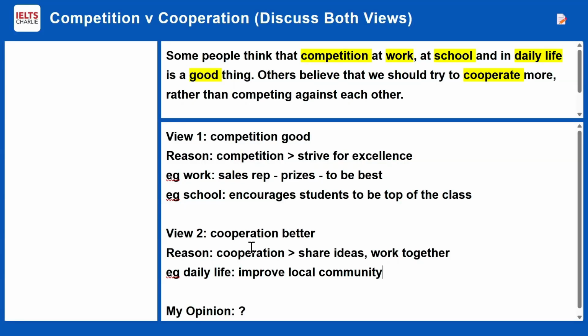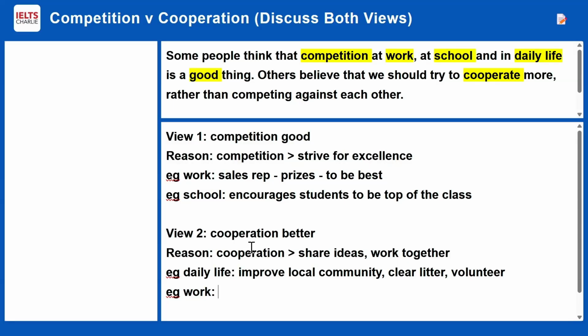You get groups of people working together to improve their local community. So maybe they will get together and clear up the litter in their local community, or perhaps volunteer and help other people. So that again illustrates this idea of working together. And an example, I could either talk about education, school, or work. Let's do one for work.